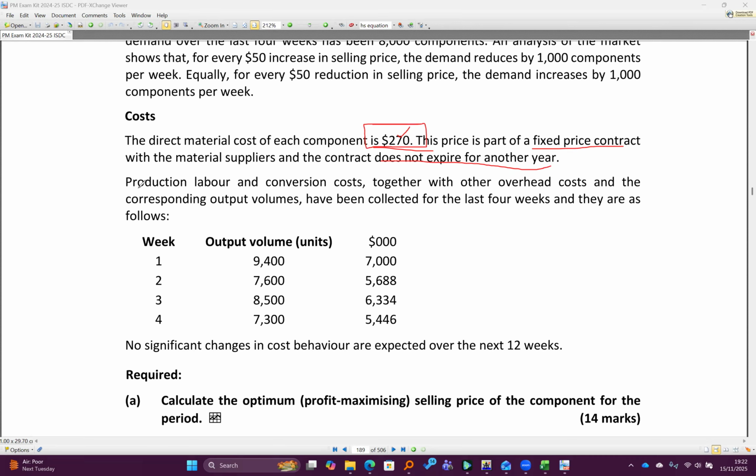When it comes to production labor and conversion costs and other overheads and the corresponding output volumes, these are collected for the last 4 weeks and they are shown here. So when they output these units, this was the cost. When they output this one, this was the cost, and so on and so forth. Now, there are no significant changes in cost expected over the next 12 weeks.